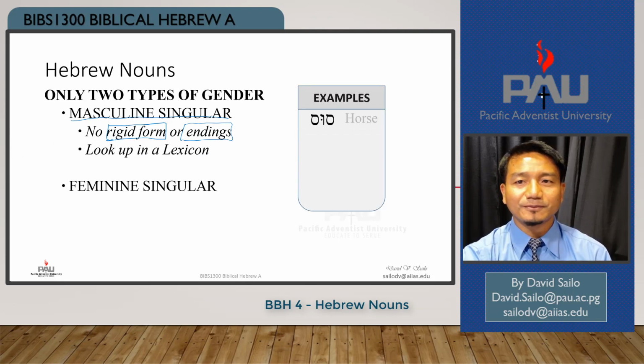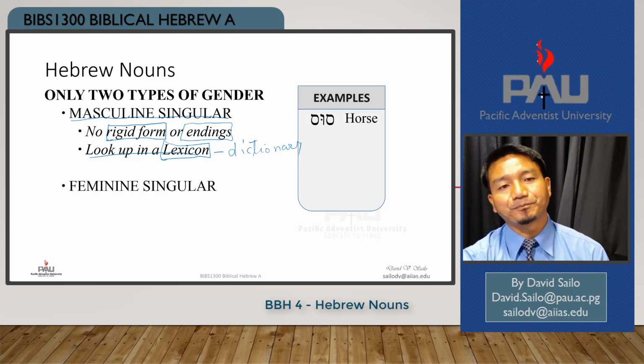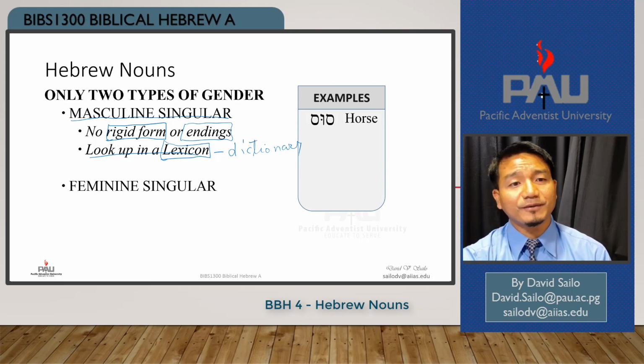Also, you just have to look it up in the lexicon. What is a lexicon? Lexicon is the term used for a linguistic dictionary, okay? They are actually dictionaries. So you just have to look up the lexicon, and that's where you'll find it.